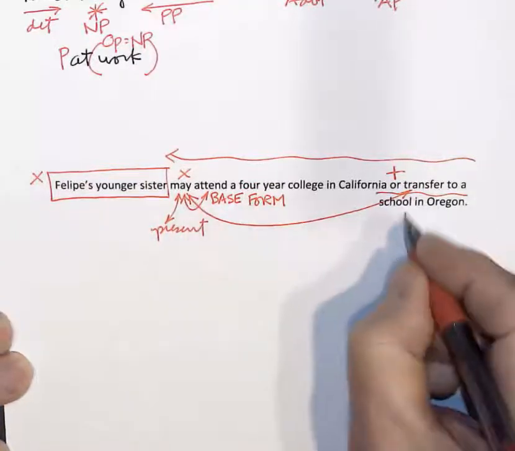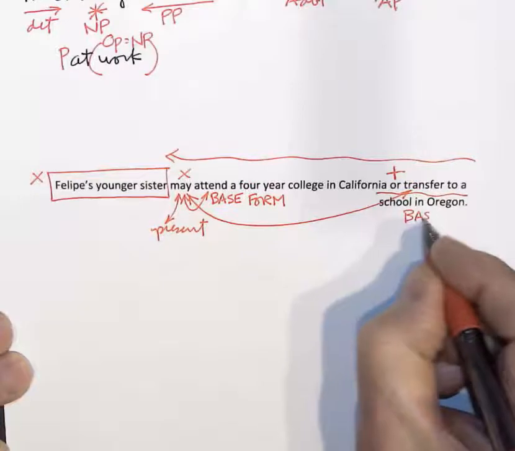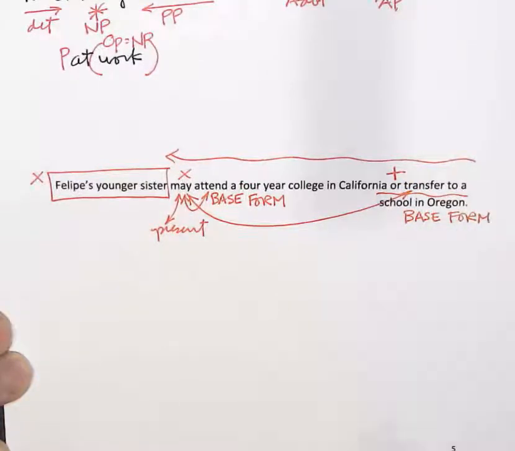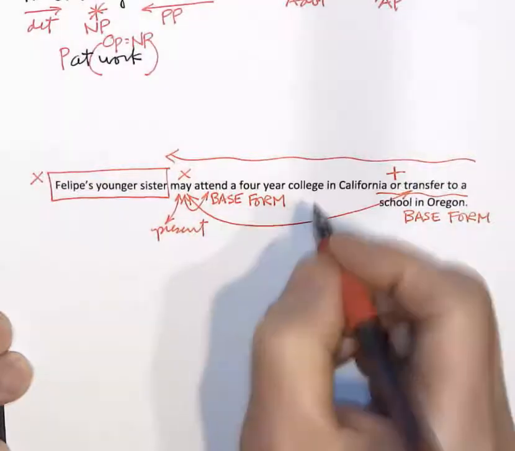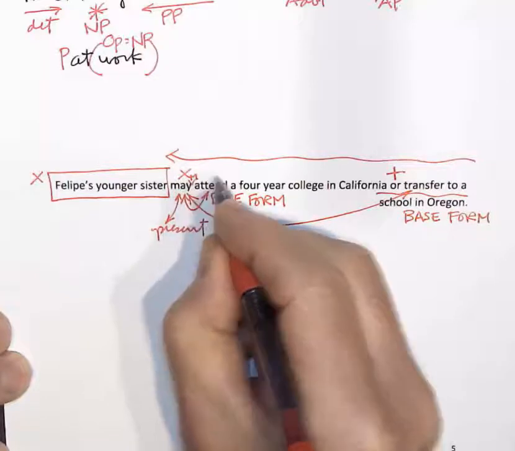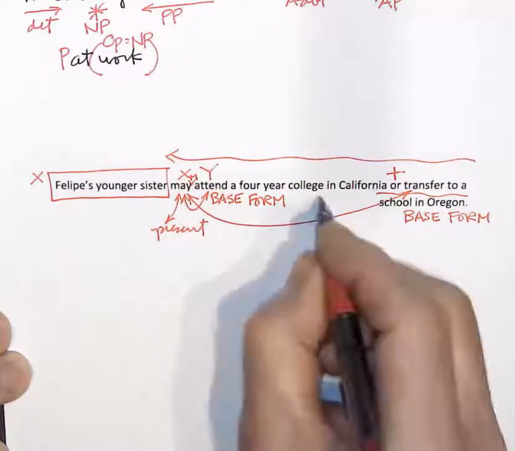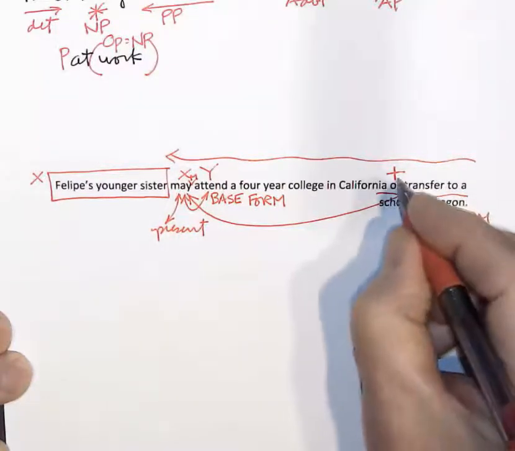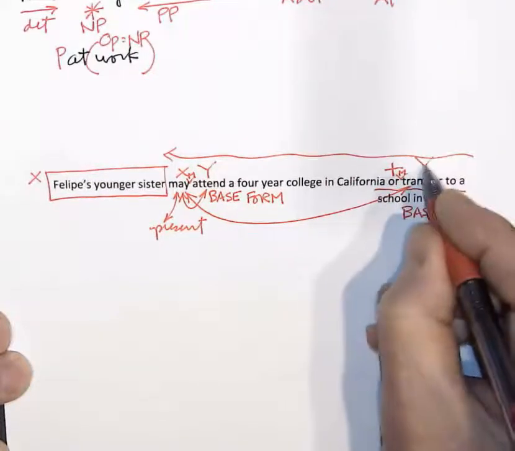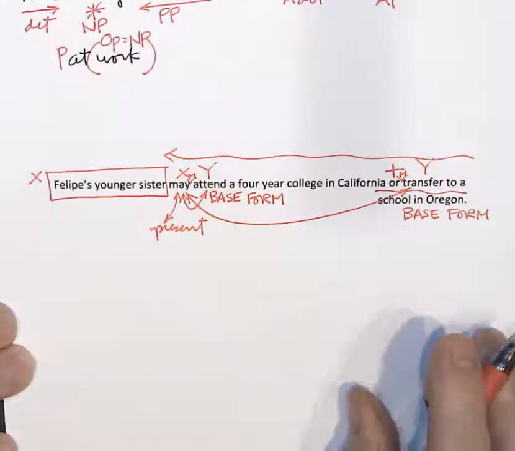So we have a second base form. So now, let's finish up here. We have the M place, and then Y, attend a 4-year college. We have the M place, and Y, transfer to a school in Oregon.